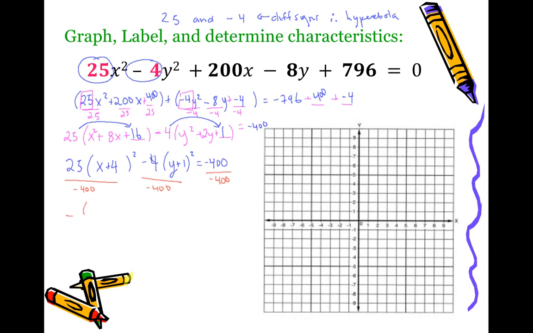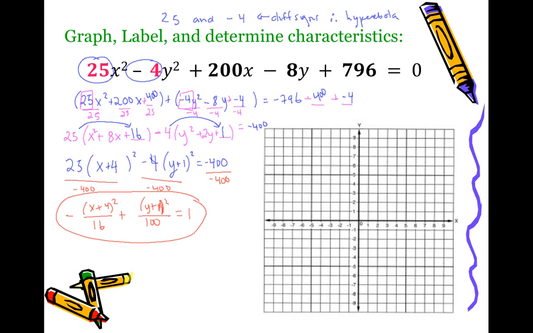So you have negative x plus 4 squared over 16. What about -4 divided by -400? Well, that's going to be positive 1/100. This just became the positive one. y plus 1 squared over 100 equals 1. And there you've got it in graphing form.